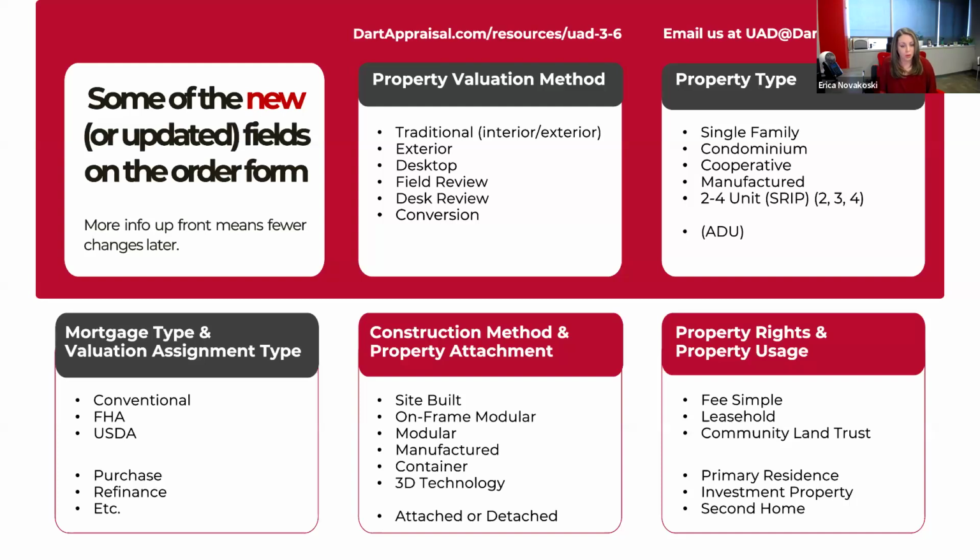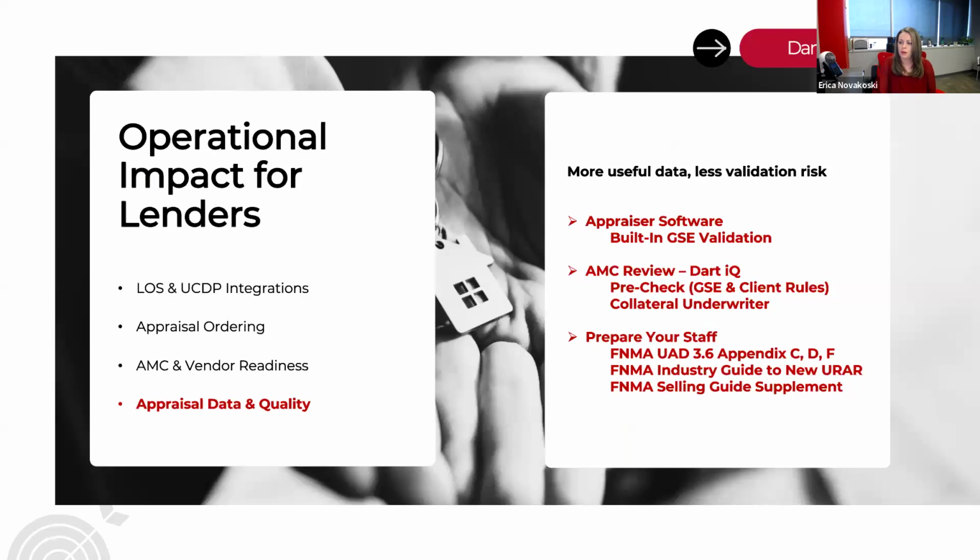DART Appraisal has a public webpage covering all things UAD 3.6, including FAQs and links to Fannie and Freddie information. You'll notice that at the top of the slide. And we also have a special email address checked by our UAD team, which you're welcome to reach out to. That's uad@dartappraisal.com. So please visit our website or reach out to us via email if there's anything on this that we might be able to assist with.